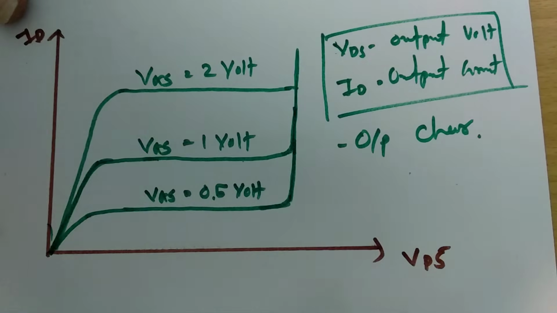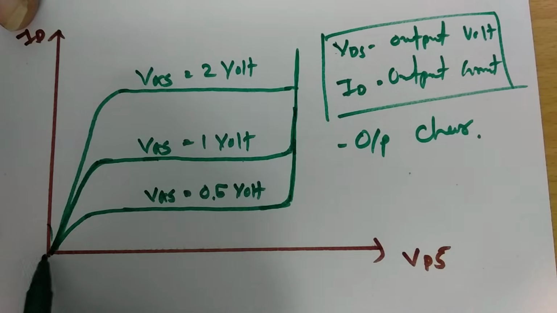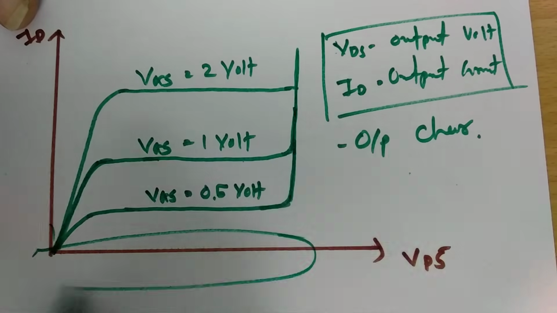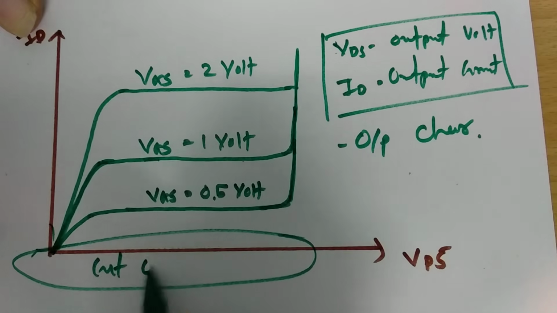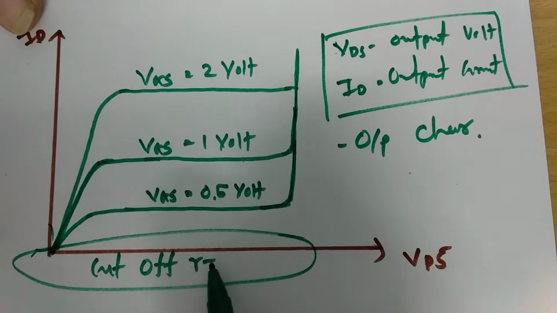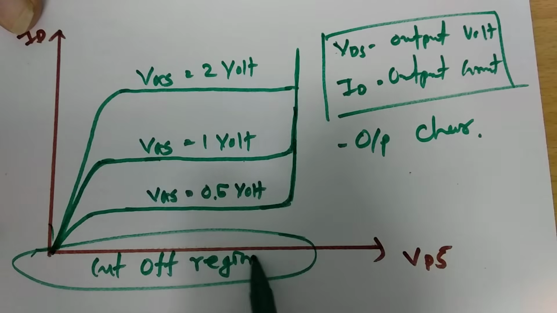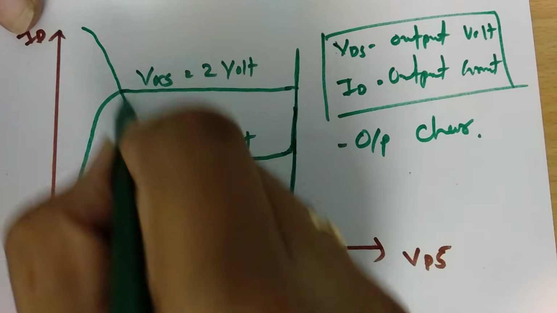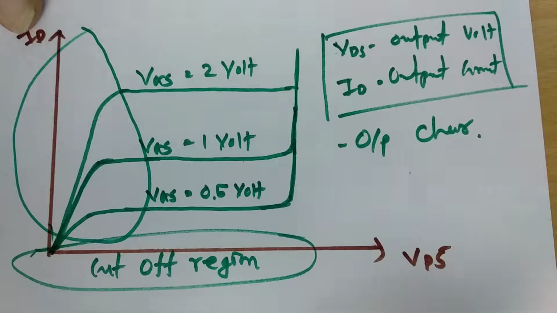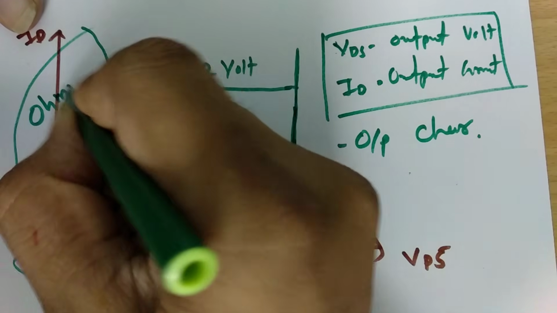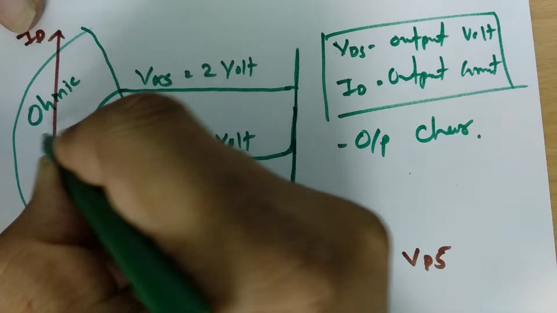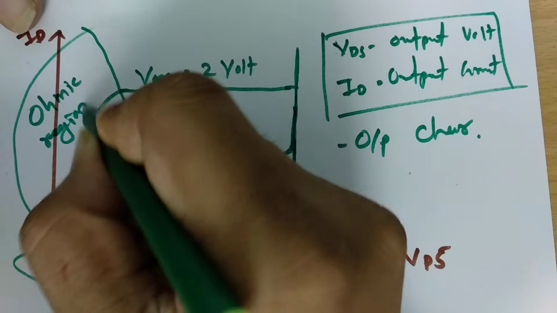So ultimately, if we see this region where nothing is conducted, that is the cutoff region. Over here, as we increase voltage, current is increasing. So ultimately we can say this is the ohmic region.